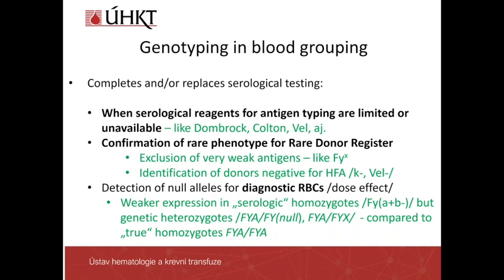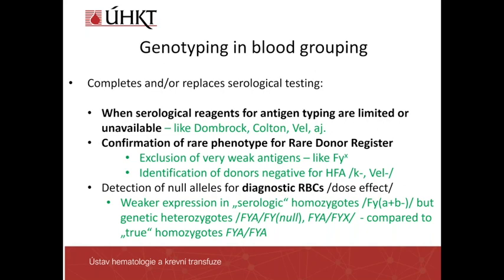And also we use genotyping as a confirmatory method before inclusion of the donor into the rare donor register, so we can exclude the presence of alleles coding for weak antigens like DAFI-X, or we can confirm the true negativity for high frequency antigens like Celano, Bell, and others.